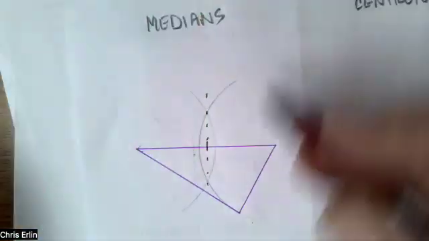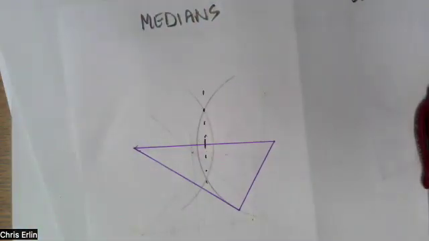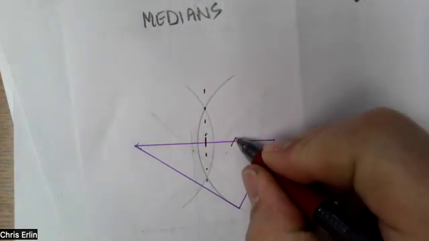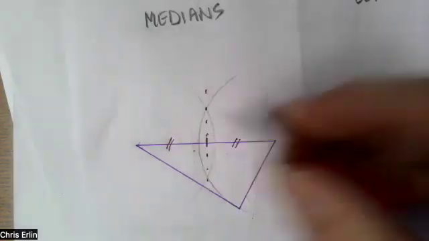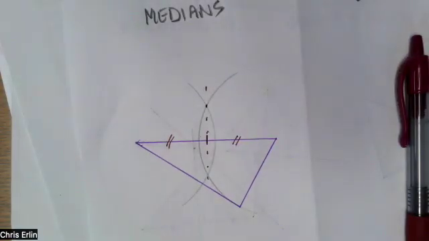All I care about is the midpoint. I just want to show where it breaks this side in half. And I think it's a good idea to show that it's a bisector. In other words, that we've cut it into two congruent segments.